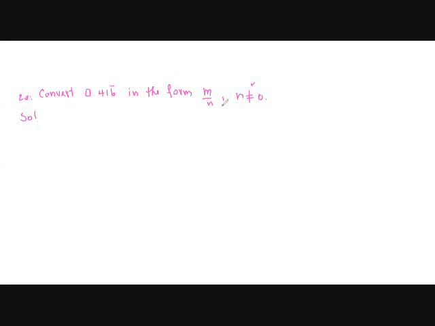Maybe I use the orange color. So now we say let x equal to 0.416, and the 6 just repeats, dot dot dot, and so on. Let this be equation 1.